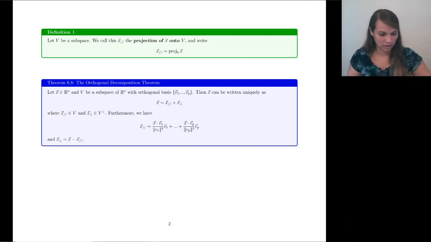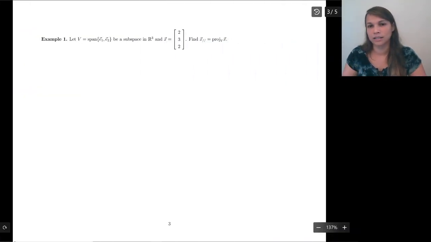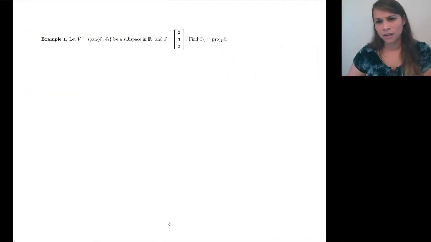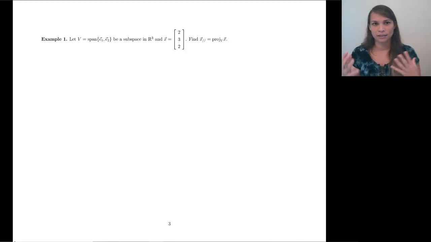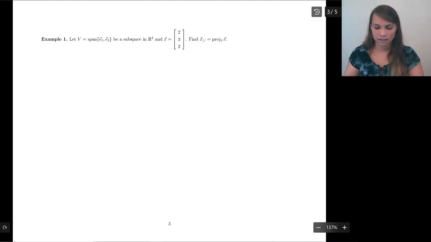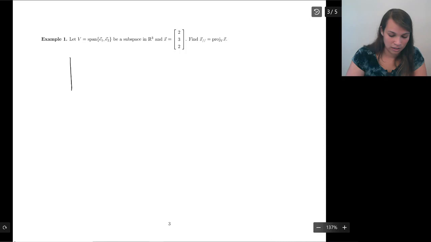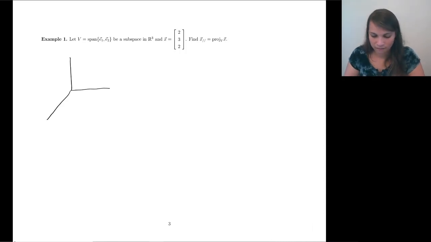Okay, so let's talk about this. Let's check. I don't really want to go into the proof. Hopefully you can see like, oh yeah, I can kind of justify that to myself. But for this example, let's use this to check it because this is going to be pretty intuitive. So we've got the span of E1 and E2 in a subspace of R3.